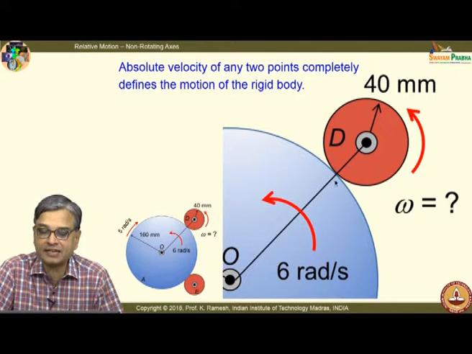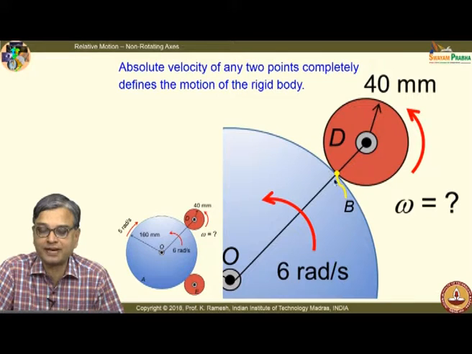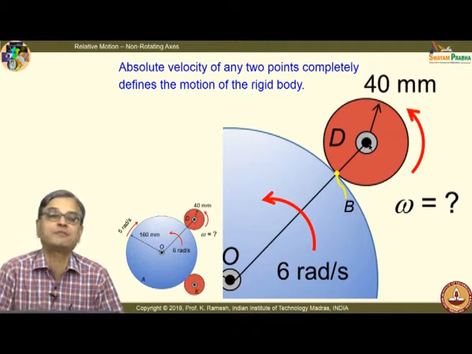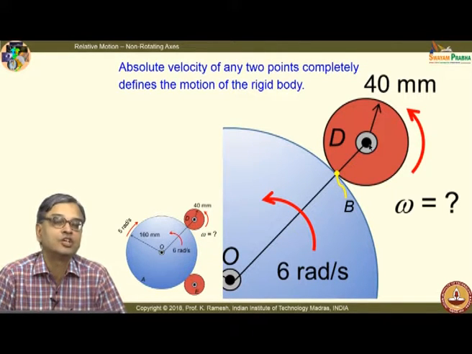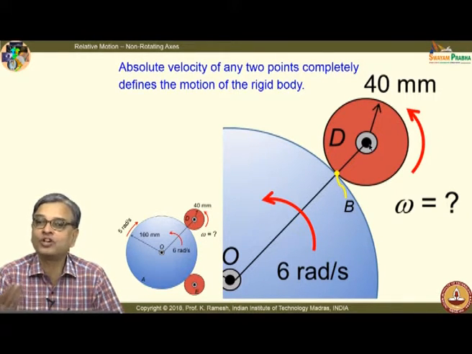Suppose I say that these two mesh at a point I have labeled as B. I have to find the absolute velocity at B and the absolute velocity at the center of the disk D. Can I estimate it from the given problem statement? If I know the absolute velocity of 2 points on the object D, the motion of D is completely specified.